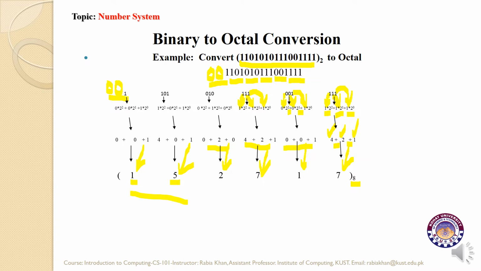Here you can see all the numbers are within the range of octal number system. No number is above the octal number system range. So this is one of the methods how we can convert a binary number into its respective octal number.